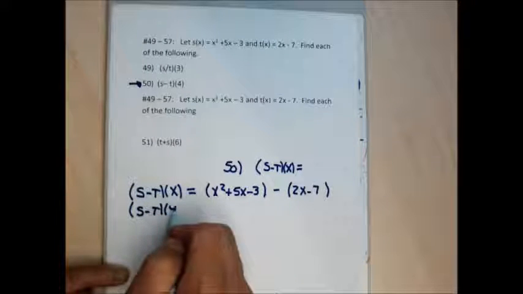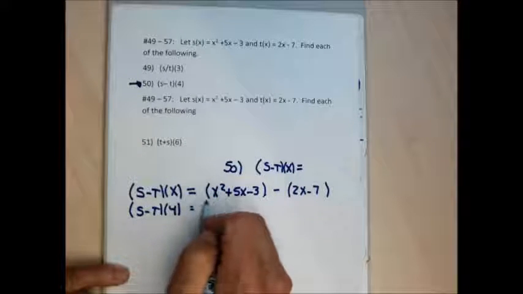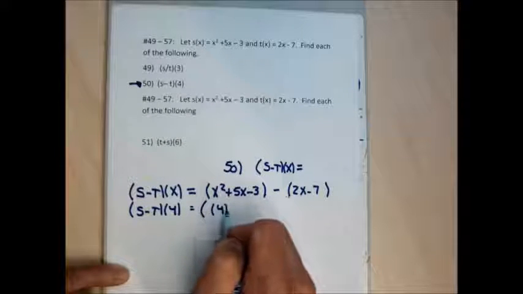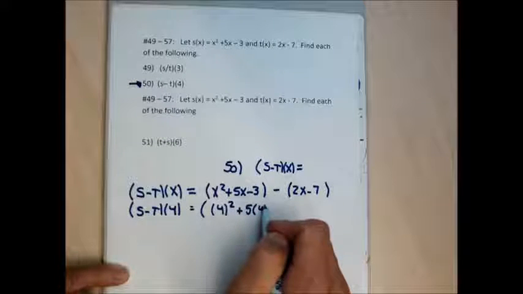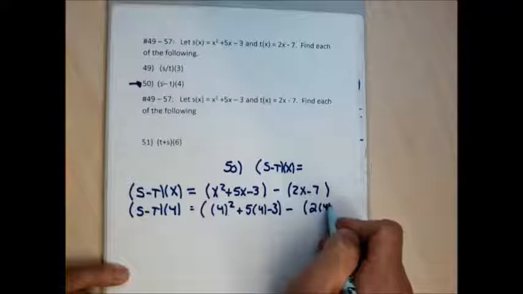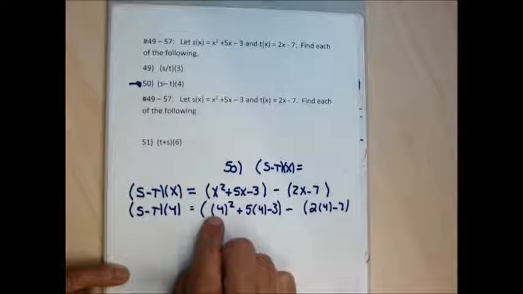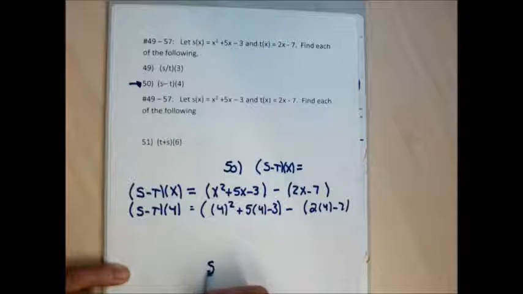In this case, it's supposed to be a 4. And onto the right side of the equal sign, I'm going to change each of those x's to a 4. I'm going to get 4 squared plus 5 times 4 minus 3 minus 2 times 4 minus 7, 16, 36, 33 minus 1. I think this is 32.